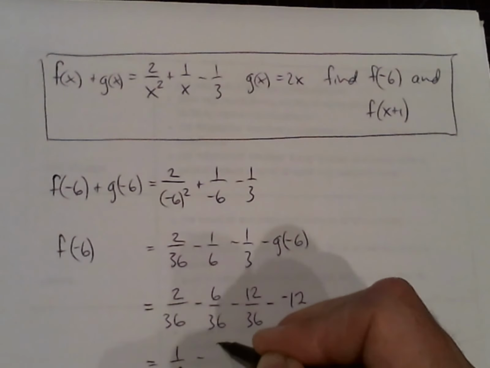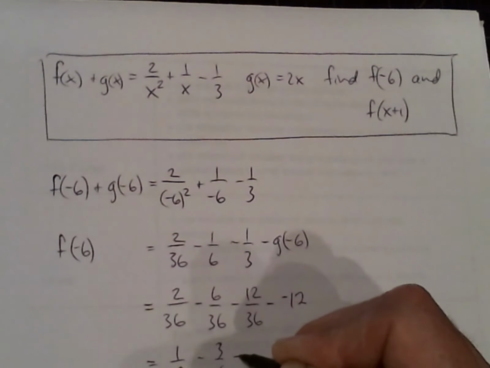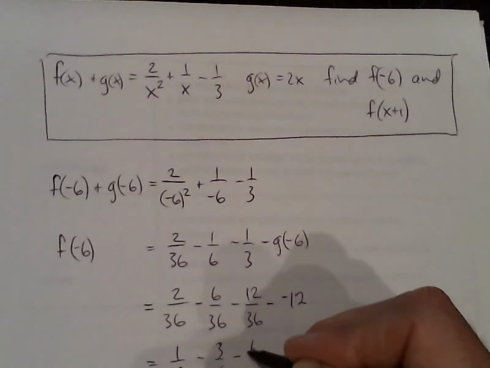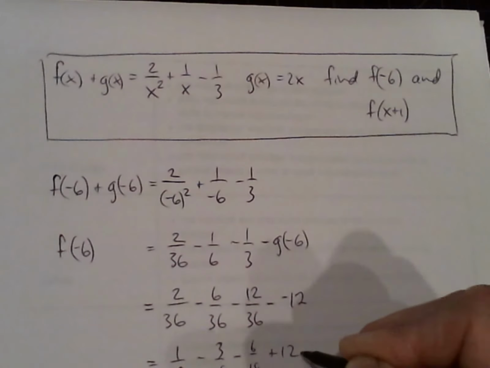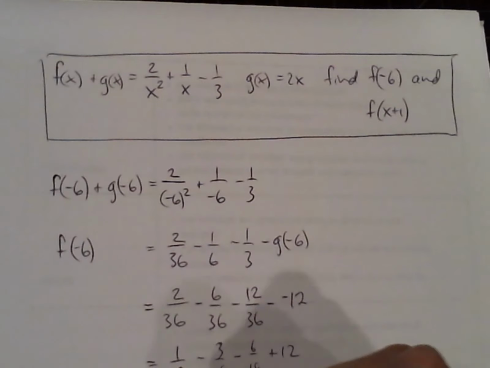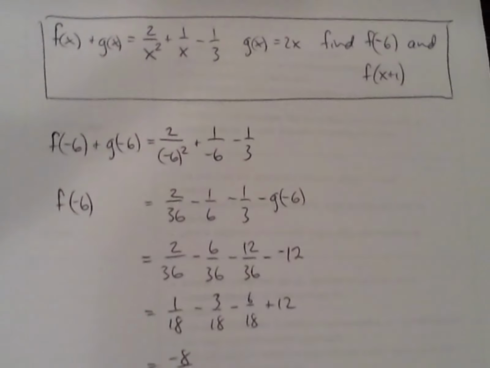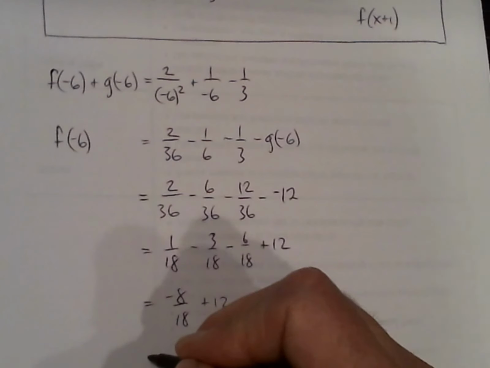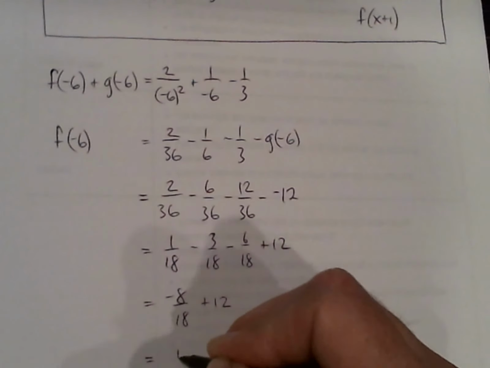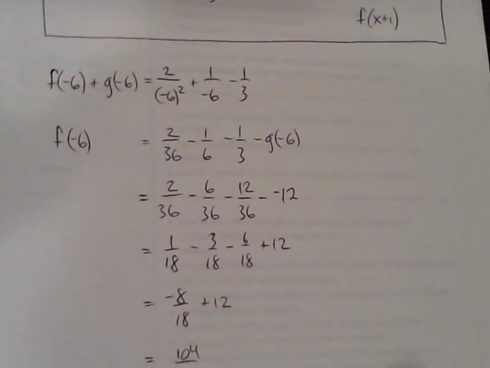Divide by 2, 3 over 18. Divide by 2, 6 over 18. And then we'll have plus 12. So we get negative 8 over 18 plus 12. And we end up with 104 over 9.